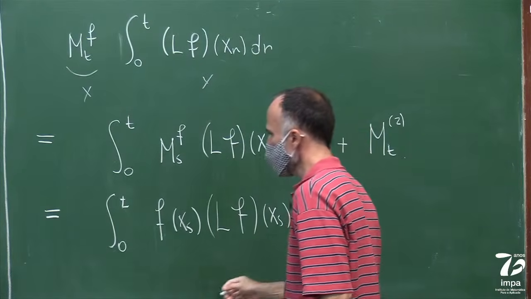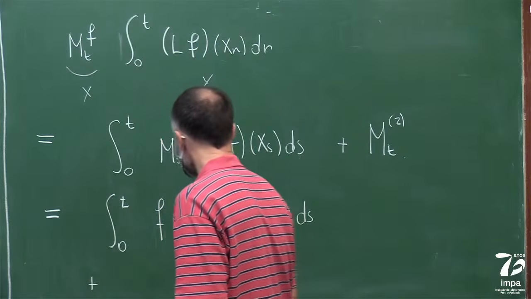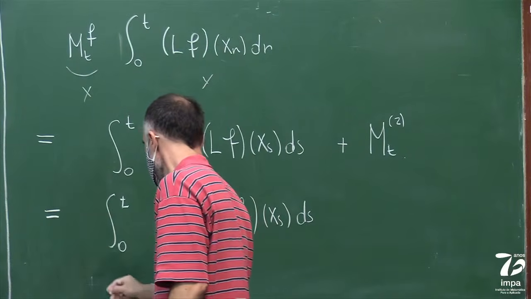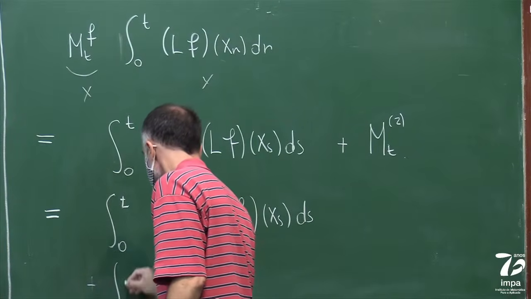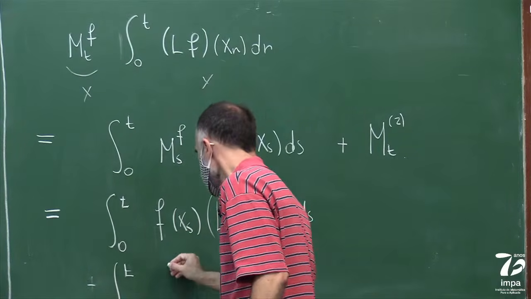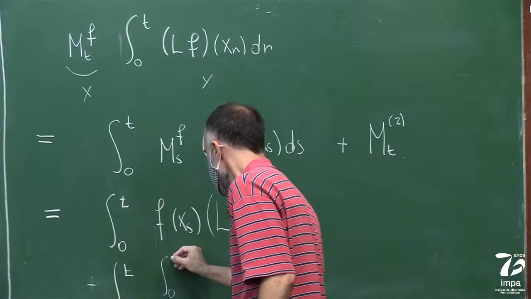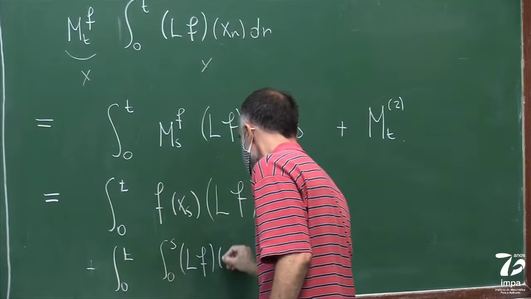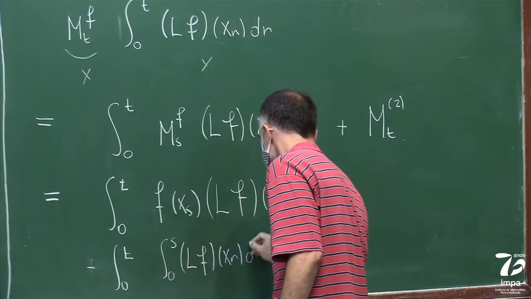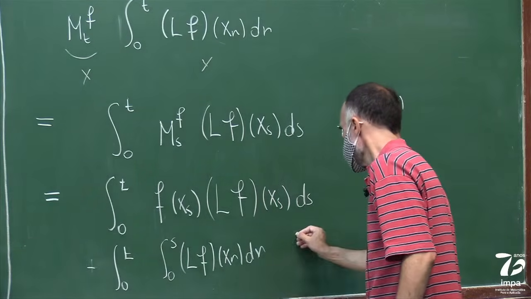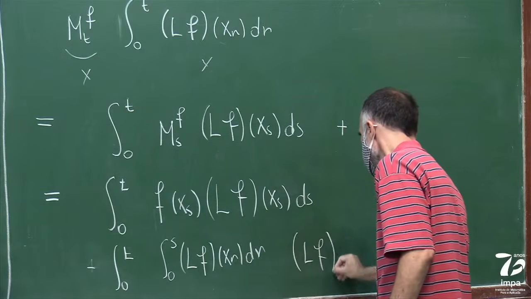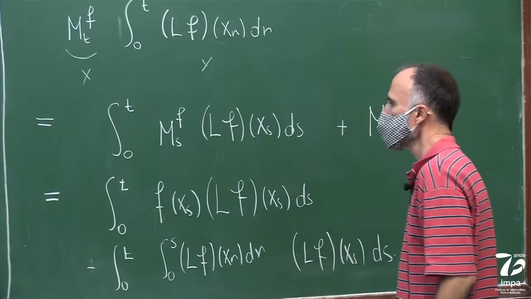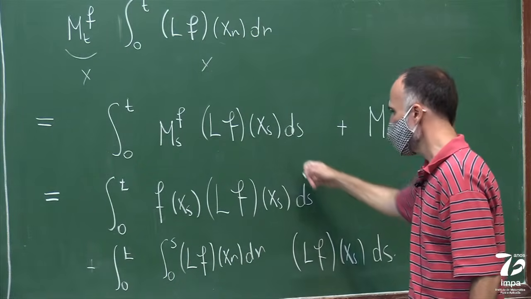So this is one term, plus or minus, and then I have an integral from 0 to s of Lf(x_r) dr times Lf(x_s) ds. Okay. And plus a martingale.